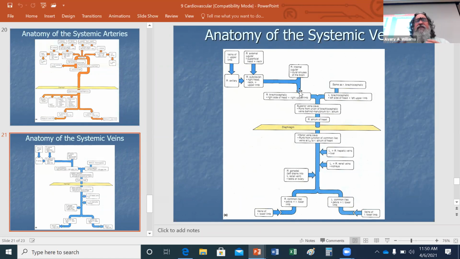And that's how I'll word it on a test. You know, like this vein and this vein merge or unite to form which vein? Or name the veins that unite to form this vein, something like that. That would be talking about veins.